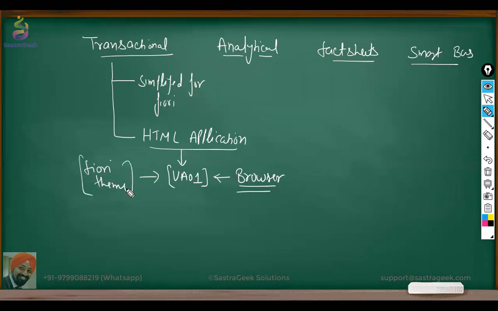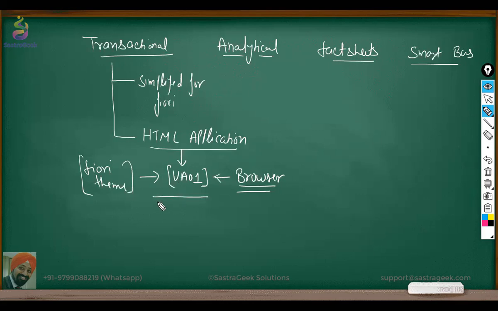What do we mean by adopted to the Fiori theme? Only the look and feel will be Fiori, but all other things are exactly the same as the VA01 transaction. It's actually the VA01 transaction, which earlier you were using in NWBC, now available in your Fiori.